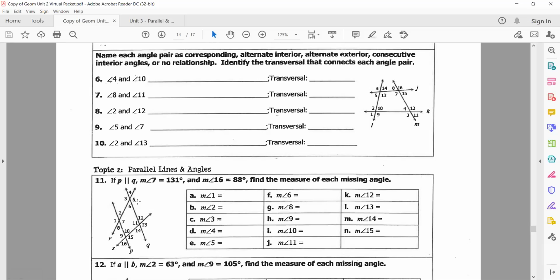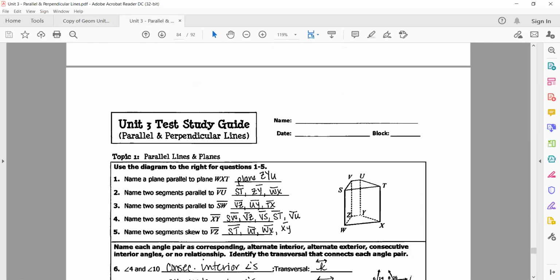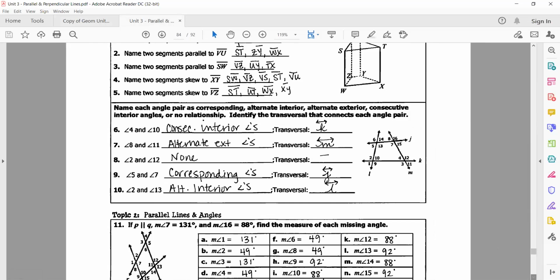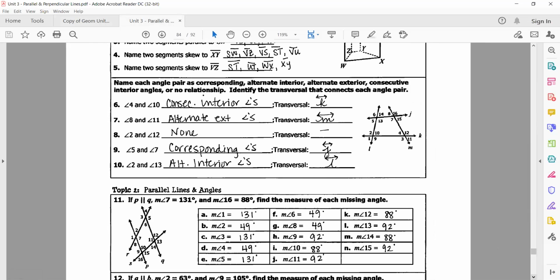So those are both 131. And if those are 131, then 4 and 6 are both 49. I did that subtraction in my head, so I hope it's correct. Yes, it is. 180 minus 131.